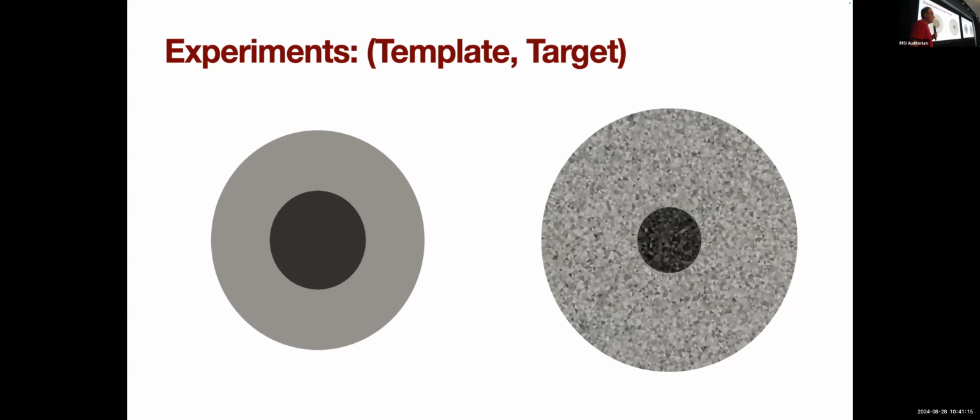So say that this is your template, this is your target. You have a template which is a relatively clean object, and your target is some variation of it with some noise.